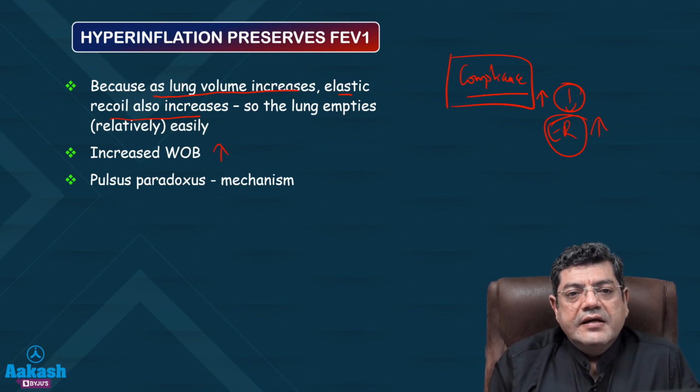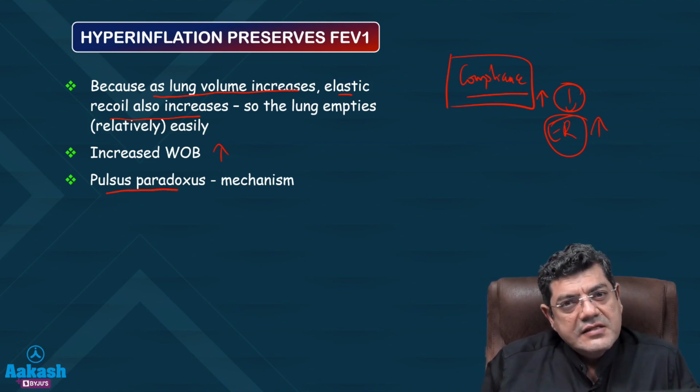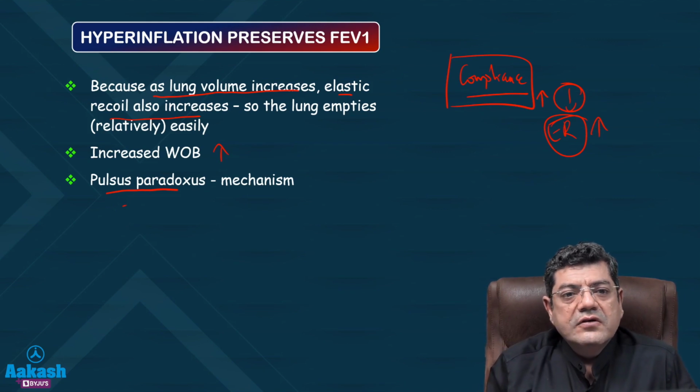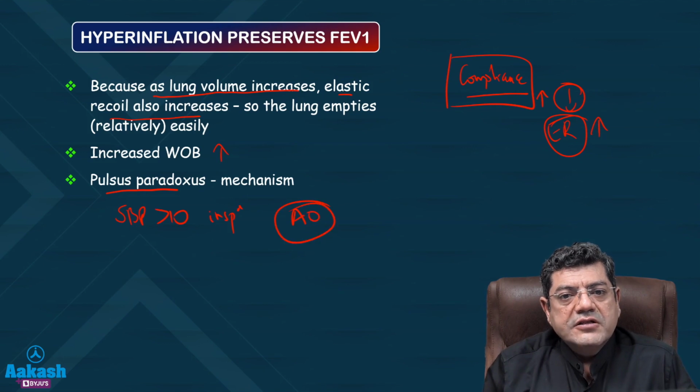And that also takes us to, we've discussed this as well, an exaggerated fall of systolic BP of more than 10 during inspiration, which is a pulsus paradoxus. It is evidence of very severe airway obstruction, and very severe airway obstruction causes hyperinflation.